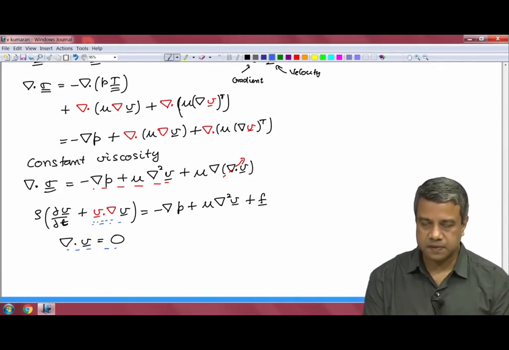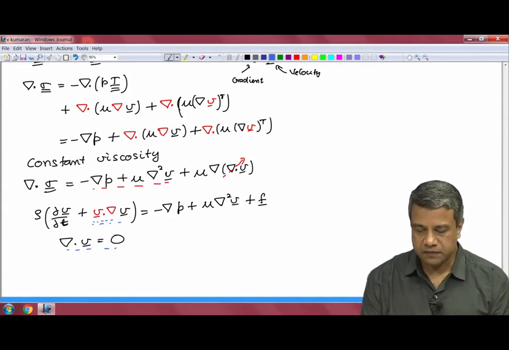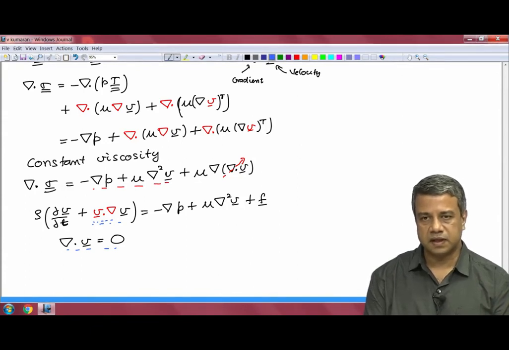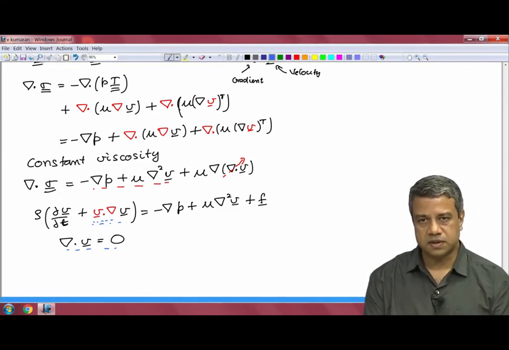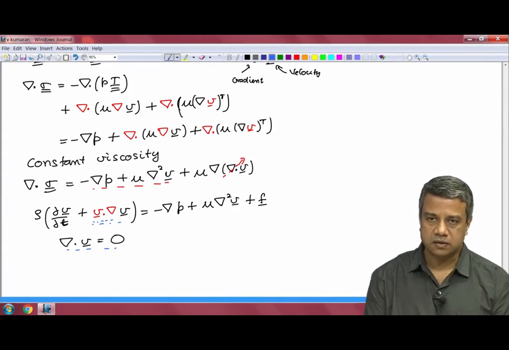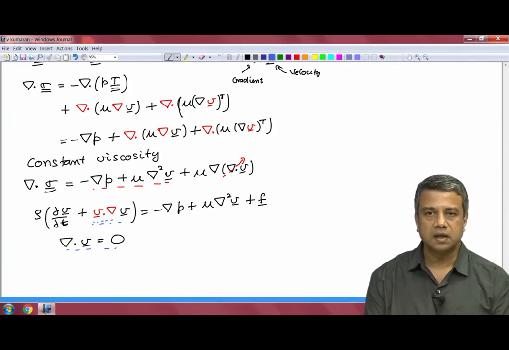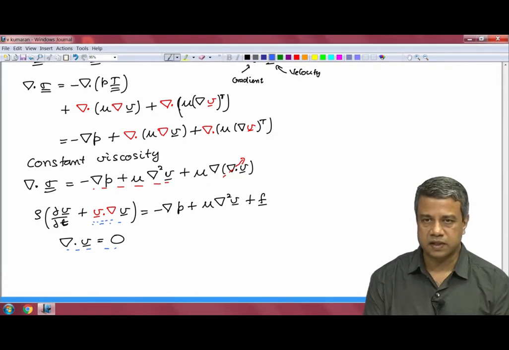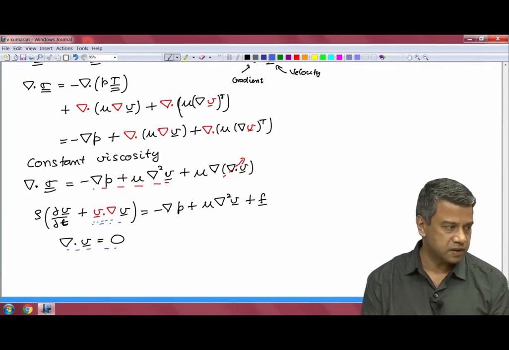As I had explained earlier, V dot grad V is a nonlinear term in the velocity, and because of that this equation is nonlinear and you could get multiple solutions. One of the solutions is the laminar flow, but there are other solutions. The laminar solution becomes unstable when, for example, the Reynolds number exceeds a critical value, and the system spontaneously goes to another solution, the turbulent solution, and both of these are solutions of the same conservation equation.